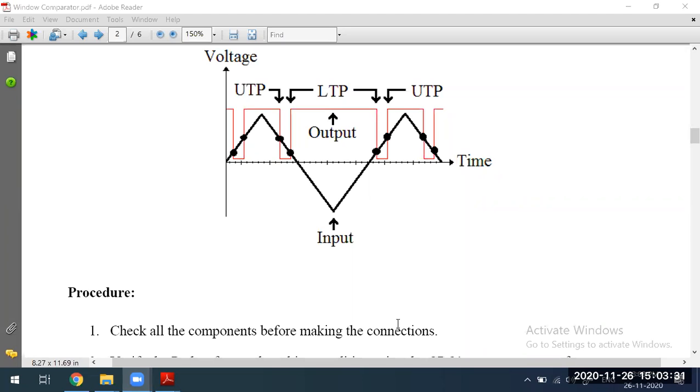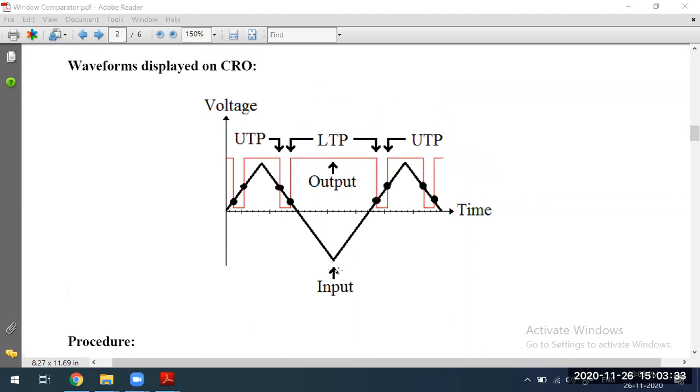Yes, sir. Okay. Then see, if this is the range, 2 volts and 5 volts, if the input voltage is in this range, see the output, it's a low output. If it is outside the range, above 5 volts, it's a high output, until the input voltage goes below this range, once again UTP to LTP.